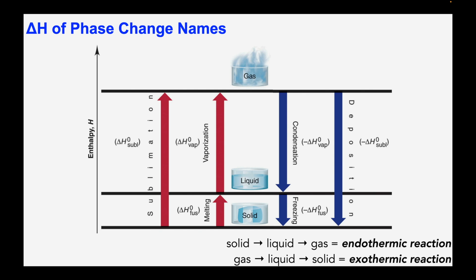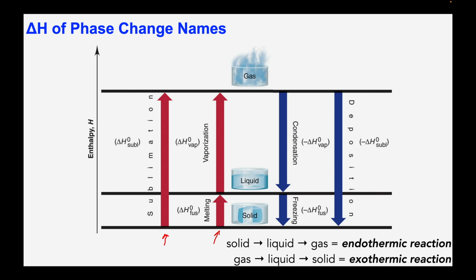Sometimes you'll see pictures like this, and enthalpy, H, is on the left-hand side. So that's the y energy axis. They can be kind of confusing, but here's the general idea. Anytime you go from a solid to a liquid to a gas, or if you go directly from a solid to a gas, it's endothermic. It's going to be a positive energy value. You're going to need to put energy in. If you look at the upward arrows on the left side, the biggest one, sublimation, is the energy to go from a solid at the bottom to a gas at the top.